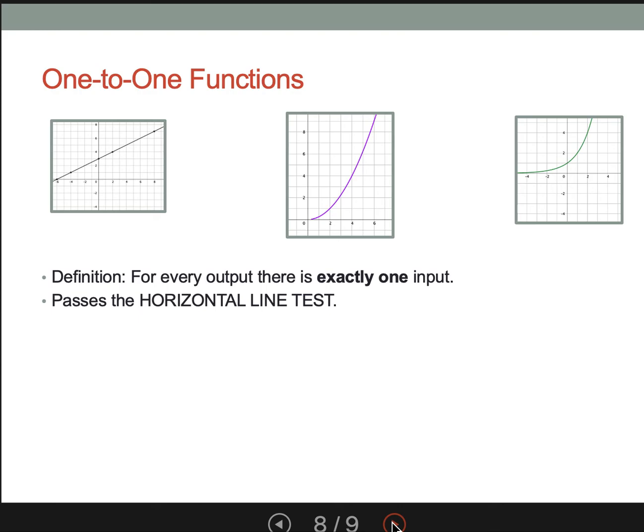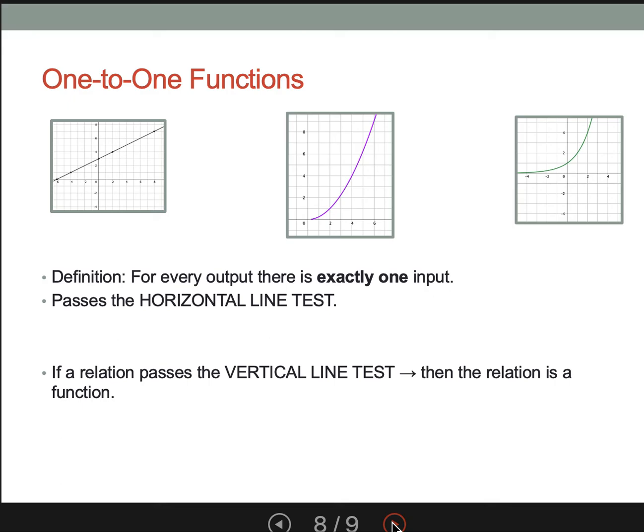Okay, so what does that mean? Well, if a function passes the vertical line test, which you've known from way before, then the relation is a function. So, right, parabolas are functions, cubes are functions, they pass the vertical line test. But will their inverses be functions?